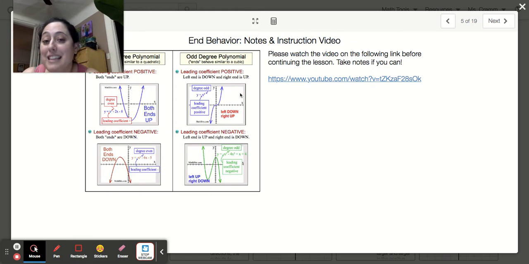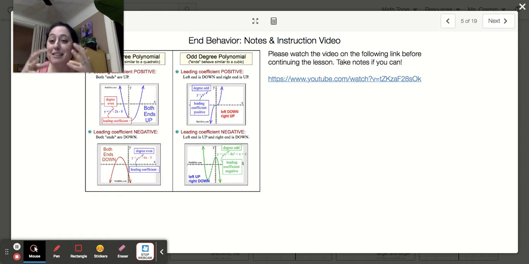All right. Whereas in this case, we have x to, I believe that's the 3rd. So this odd degree, if it starts down here, it ends up here. If it starts up here, it ends down here. It's going the opposite start and end, okay? And if I said x to the 59th, that's an odd exponent.